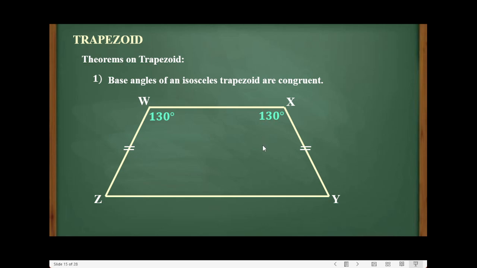You will notice that in an isosceles trapezoid, the base angles are congruent. So angle W is congruent to angle X. Similarly, if this is 130 degrees, this one right here is 50 degrees. How is that? It just so happens that these two are supplementary.